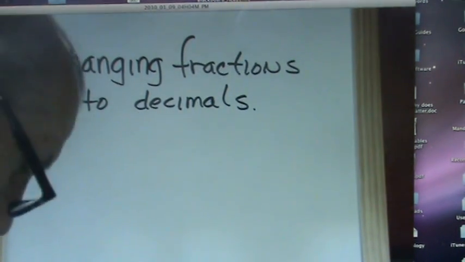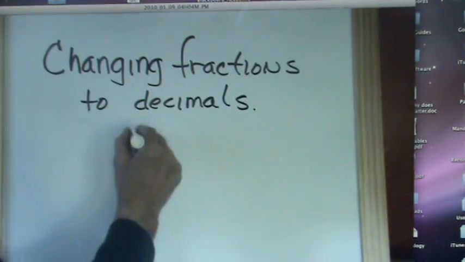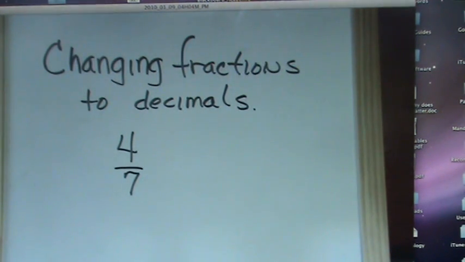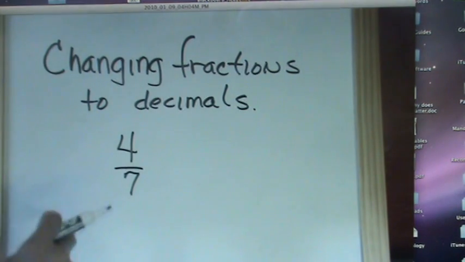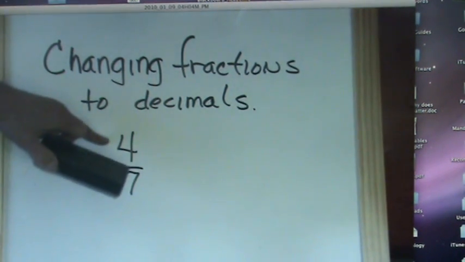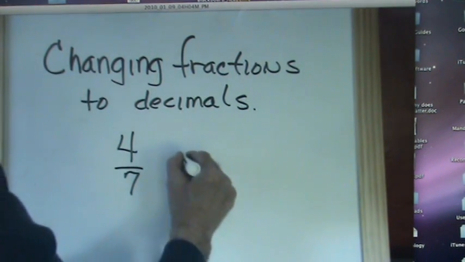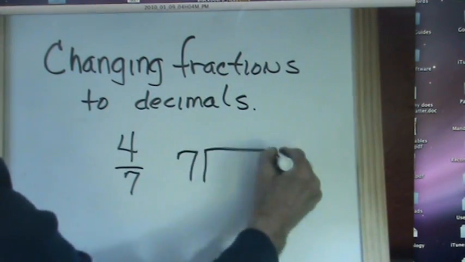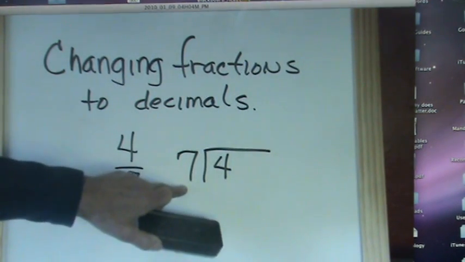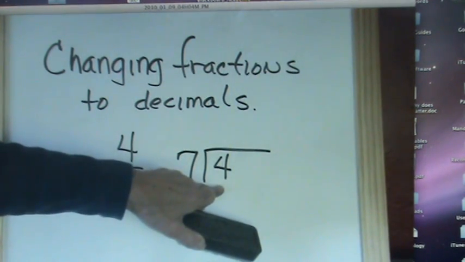To change any fraction into a decimal, we divide the denominator into the numerator, or 4 divided by 7. So, since it's divided by 7, 7 is out here, 4 goes here. 7 cannot go into 4 because it's too big.